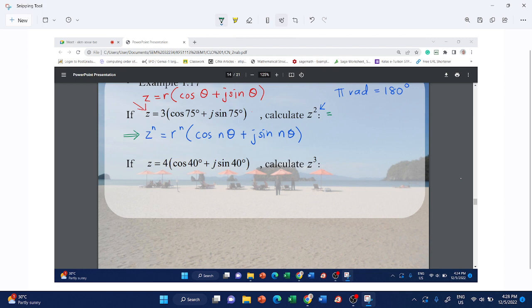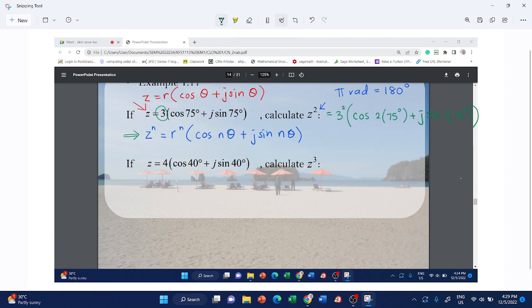So z to the power 2 is equal to r, which is 3 to the power of 2, in brackets, cos of n times theta, where n is 2 and theta is 75 degrees, plus j sin 2 times 75 degrees.